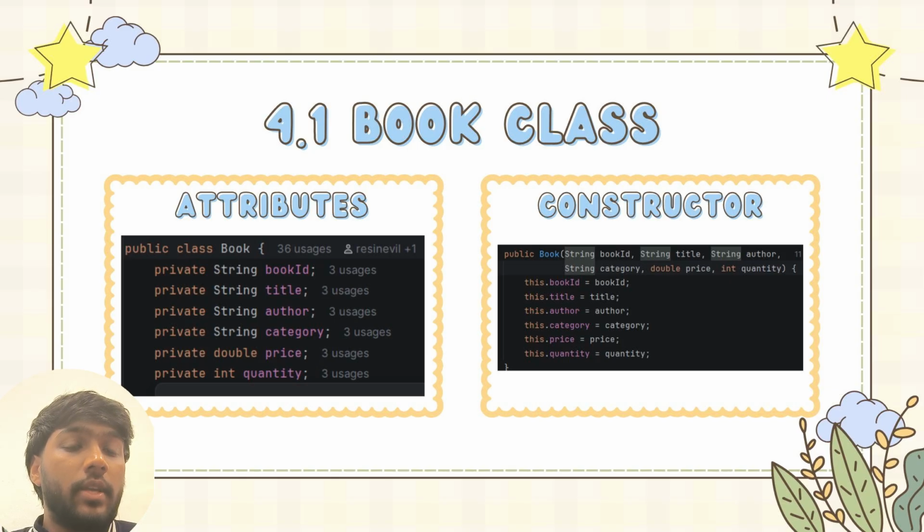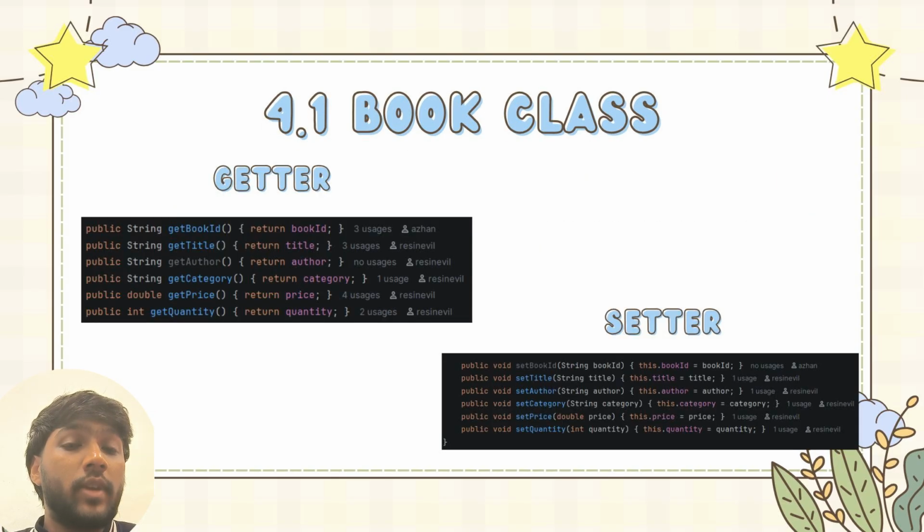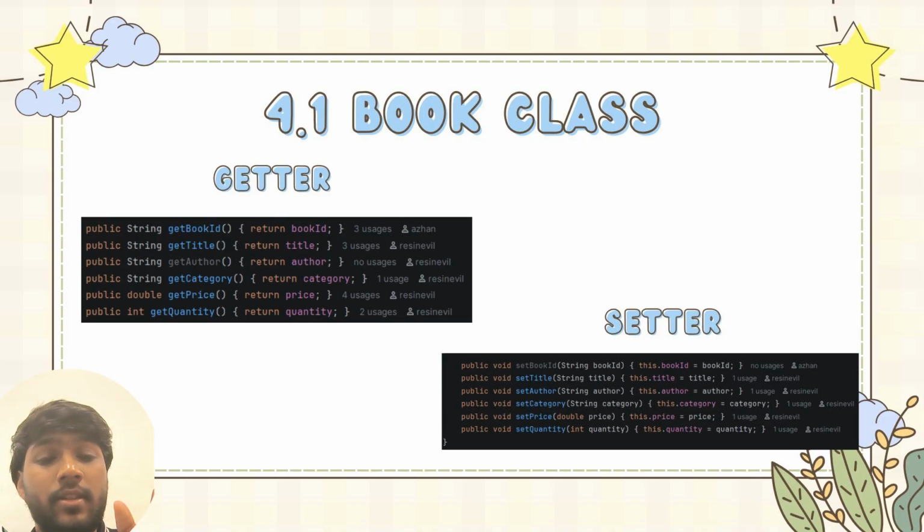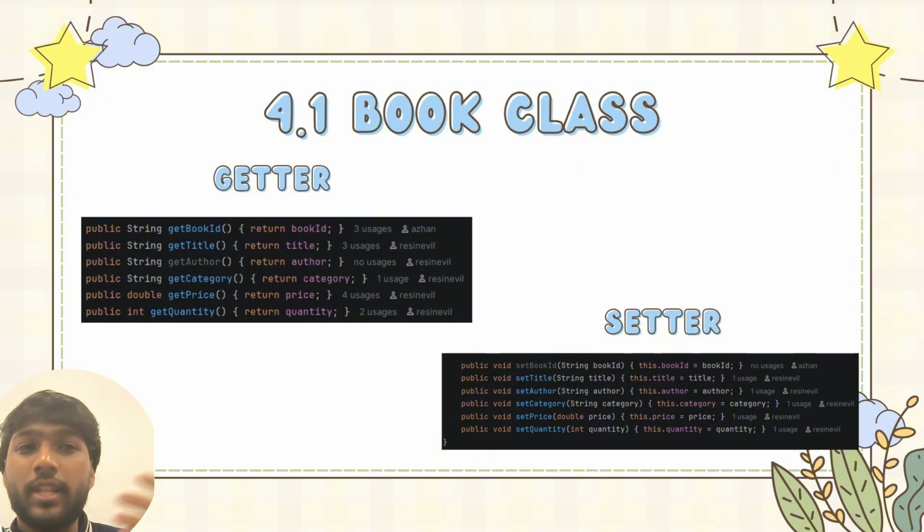Now we are moving to getter methods. A getter method is used to retrieve or access private attributes. Just now we created private attributes, right? So the function of getter methods is to get those private attributes. If you create them publicly, you don't really need to use getter methods.